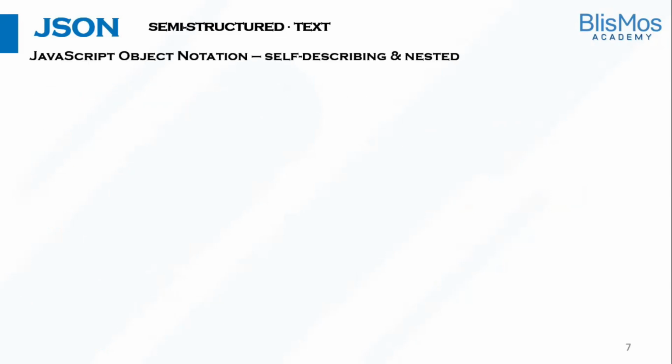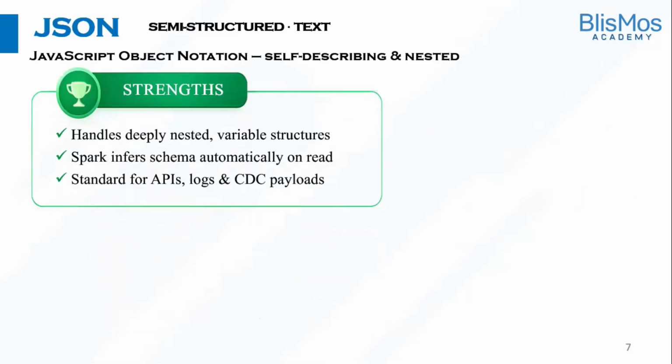So let us go with the next one, that is JSON. JSON stands for JavaScript Object Notation. Unlike CSV, JSON is semi-structured and can represent nested and variable data structures.